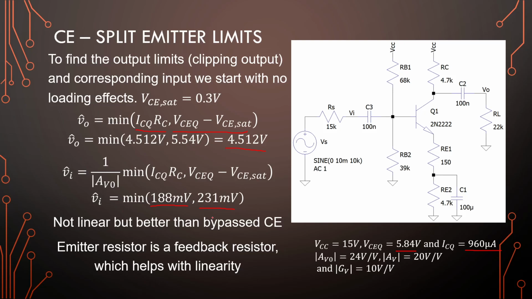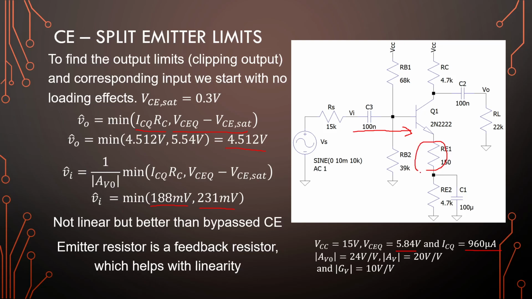Now, this is considerably higher than our common emitter with the bypass. Now, let's start right here and recognize a couple of things. We know that the input impedance of this amplifier is much higher. We also know that our gain is less because we have this stabilizing resistor here.